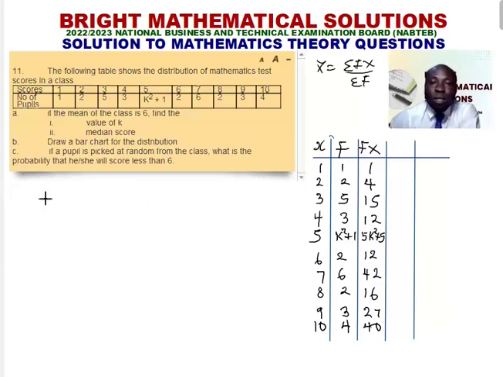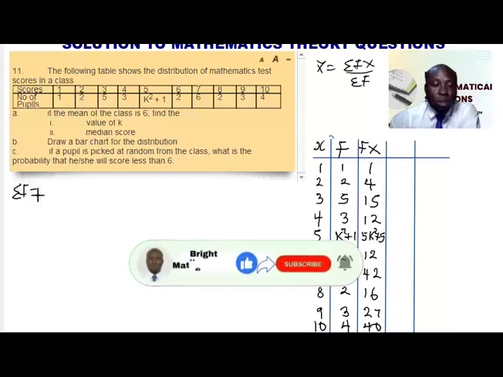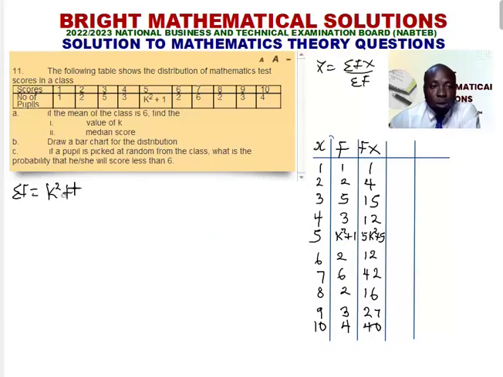So if we add f, that is summation f, that gives us k squared plus 29. So when we add fx, that gives us 5k squared plus 174.